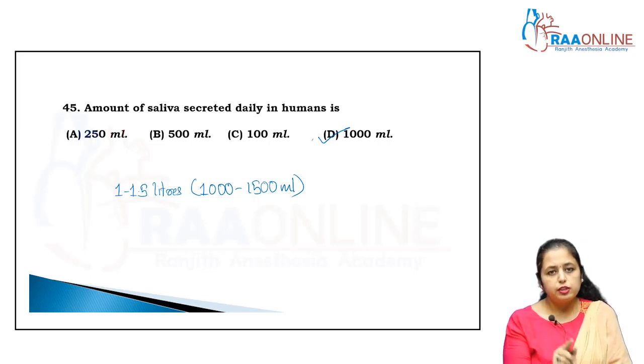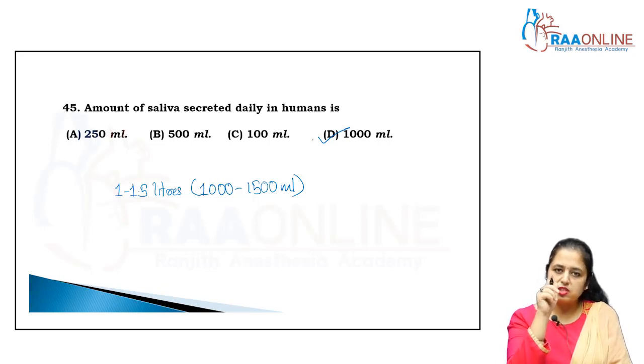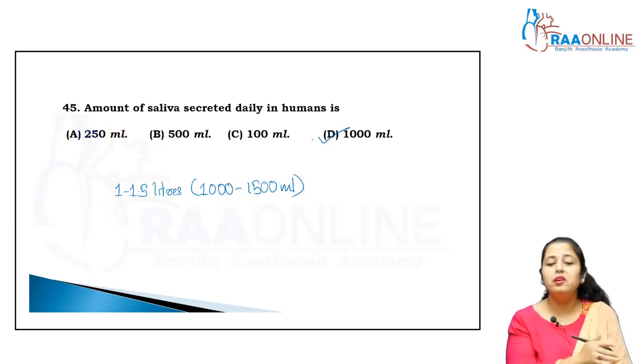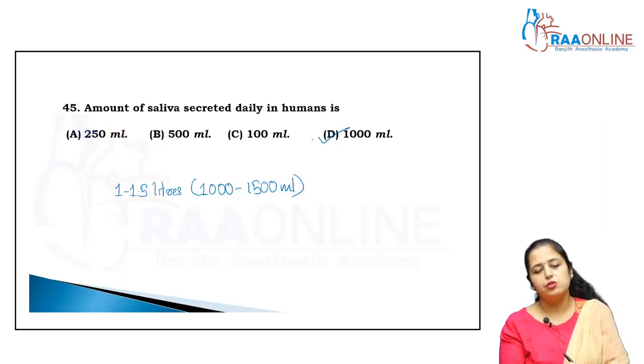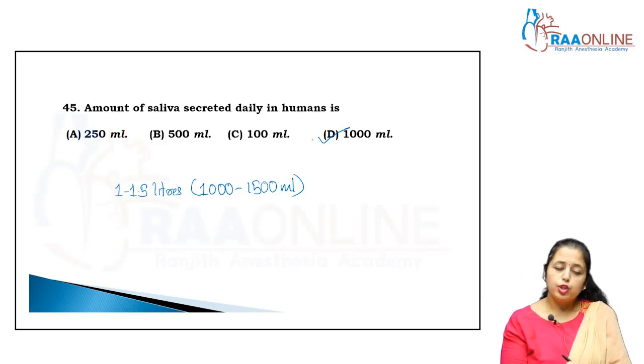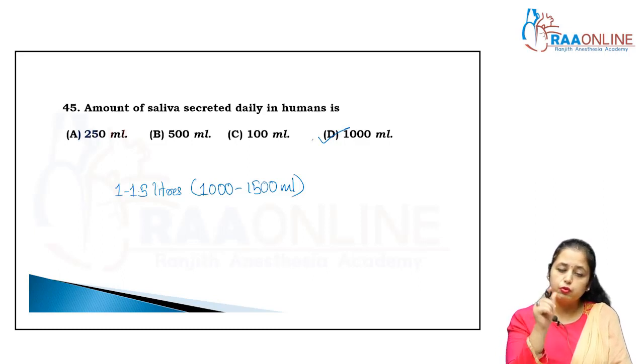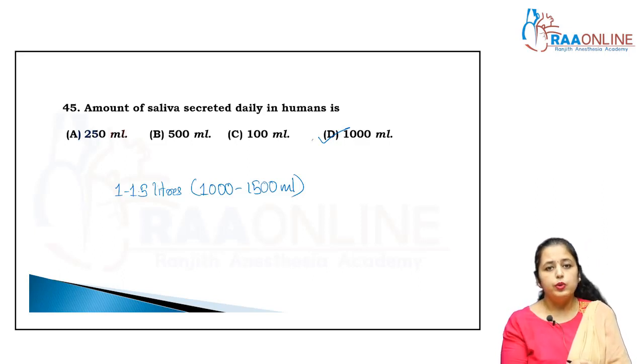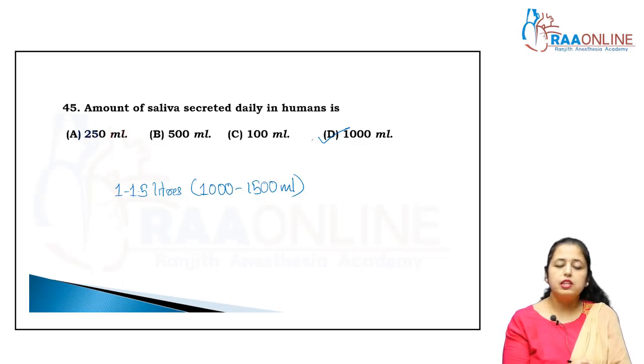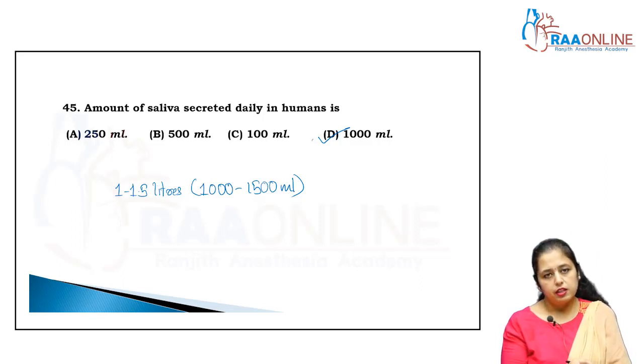Read it carefully, because in biology, in zoology, from just one word the whole meaning and answer is changed, right? So you have to learn each and every single word of the NCERT with their diagrams and their enumerations, right?